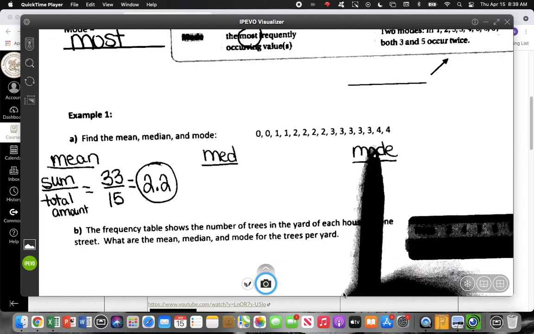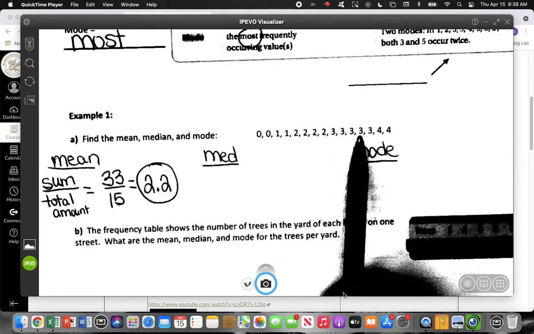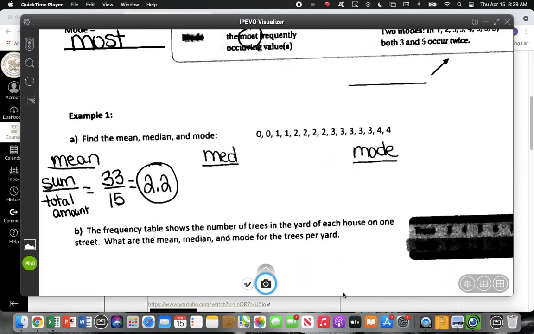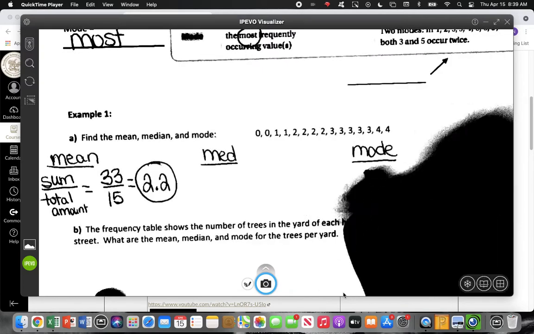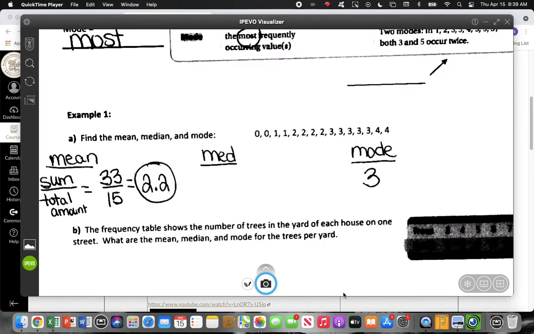I'm going to say 1, 2, 3, 4, 5 threes. You see 3 the most frequently, so the mode is 3. There's really no work there. You're just looking at it and telling me how many that you have. Now, if we would have had 2 numbers that were the same, we would list them both. You can have more than one mode.